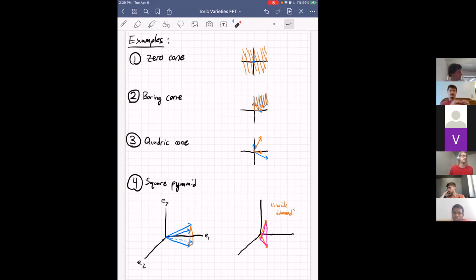I don't know if this is a general thing, but it is true that in this case, the place where this diamond stops is 1 unit out, and the place where this one stops is 2 units out. So if I take this square and push it 1 unit there, it will be inscribed in the diamond. But I don't know if that's a general phenomenon. Oh, okay, I see. Thanks.